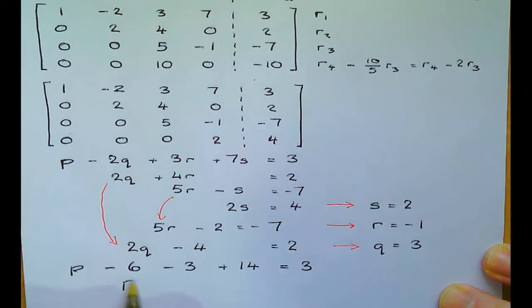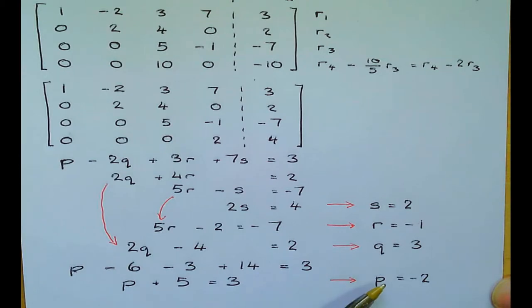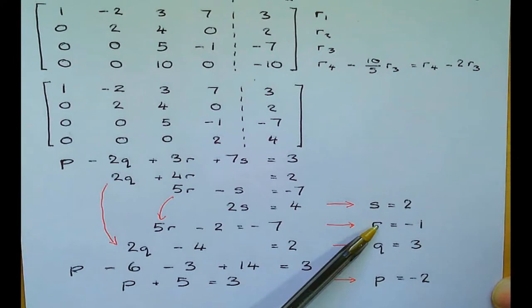So it gives us that P plus 5 is equal to 3. So we can now say that P is equal to minus 2. So through Gaussian elimination, we found P is minus 2, Q is 3, R is minus 1, S is equal to 2. So that is Gaussian elimination.